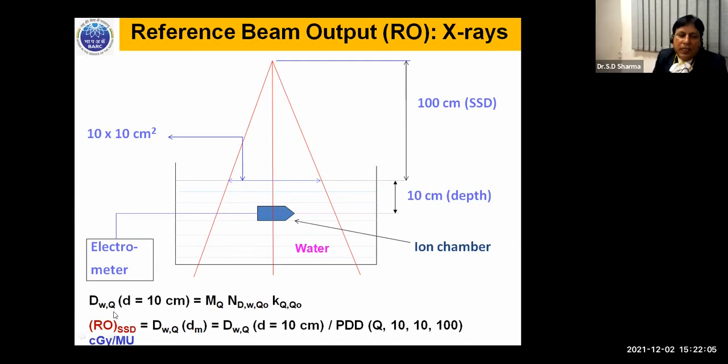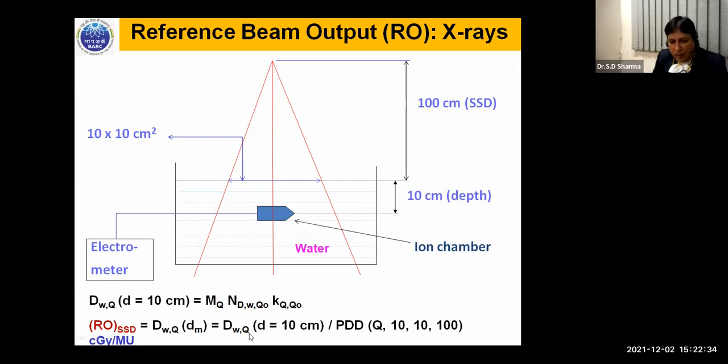So ultimately we get the absorbed dose to water at the depth of 10 centimeter along the central axis. But in the case of the DM based formalism, because all relative dosimetry parameters are defined with respect to the depth of dose maximum, we convert this dose measured at 10 centimeter depth to the dose at the depth of dose maximum.